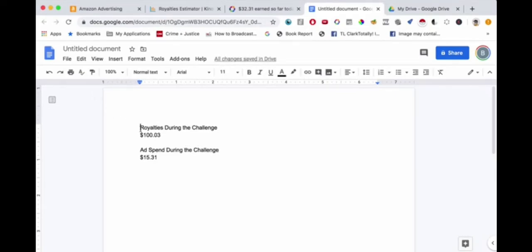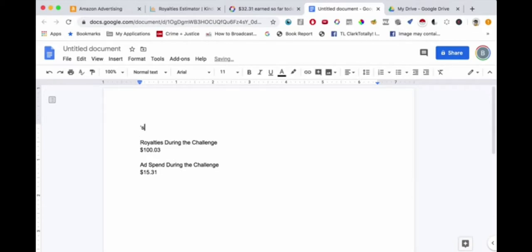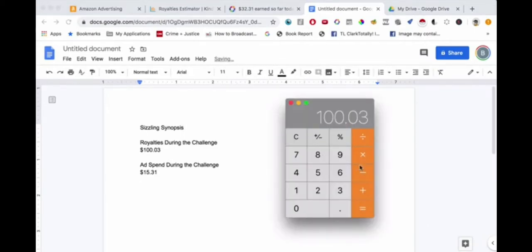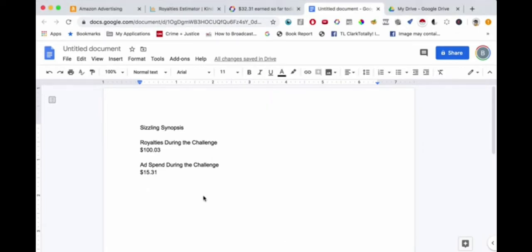We'll say this is Sizzling Synopsis. 100.03 minus 15.31 equals 84.72. 84.72, and I'll make this a little bigger.